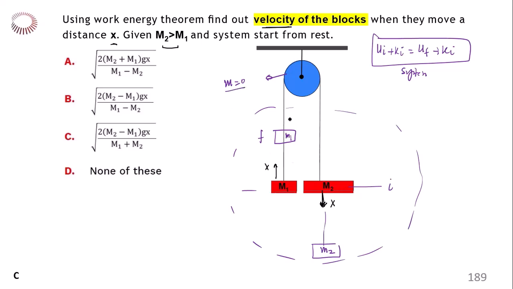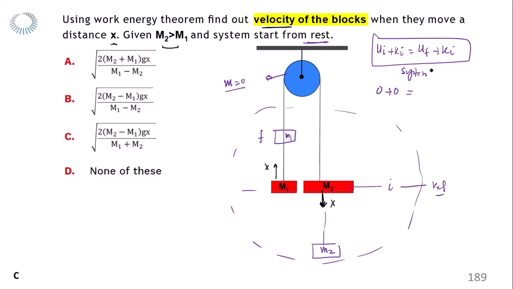So what is the initial potential energy? If I say this is our reference line, the initial potential energy is 0. The system starts from rest, so they are not moving and have no kinetic energy, 0. What is the final potential energy? From the reference line, the m1 block is raised by x distance.